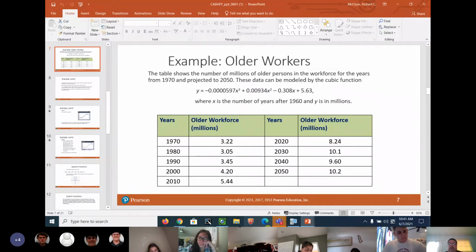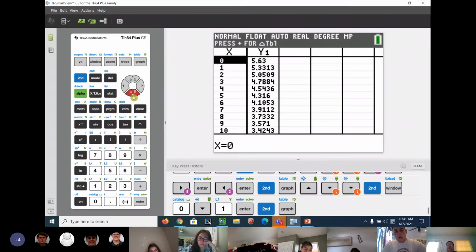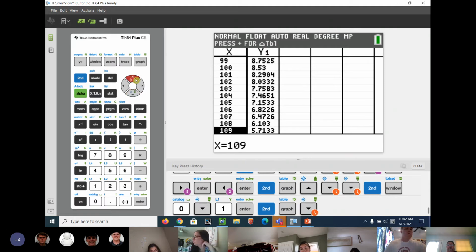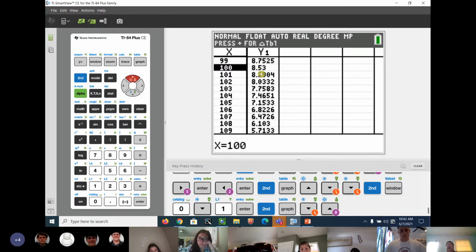100. So I go to my handy dandy calculator and I go to 100. Now you can either type the value in or you can just scroll down. And there is 100. So the estimated or the predicted population or whatever they're looking for at 100 years is 8.53.